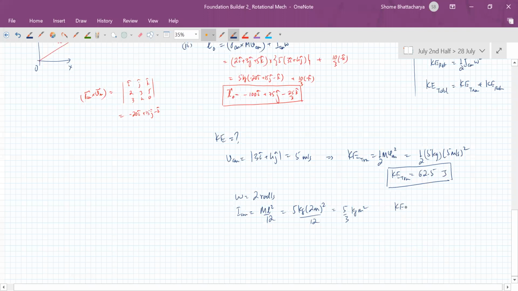So the rotational kinetic energy comes out to be 10 by 3 or 3.33 joules.